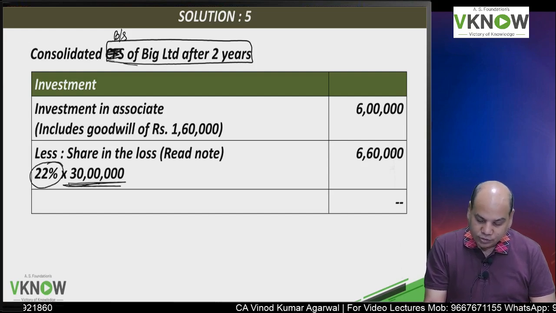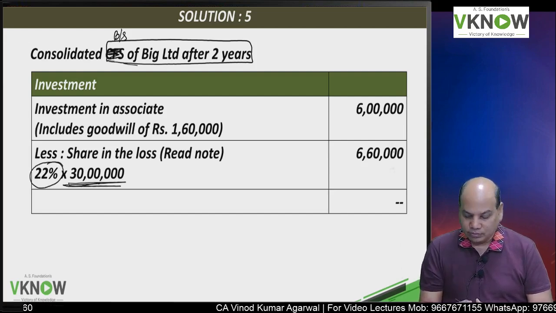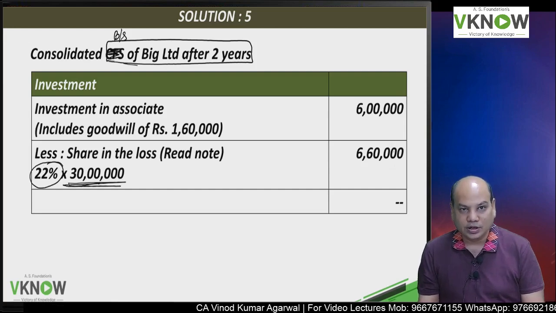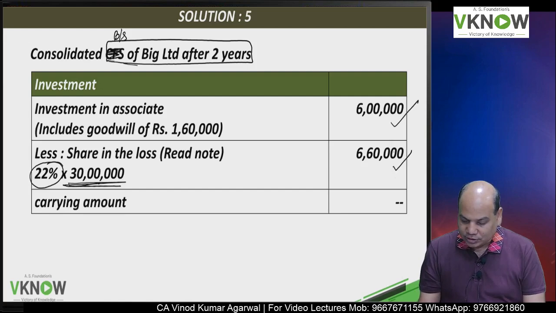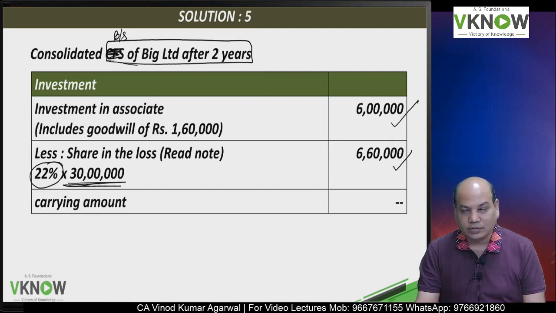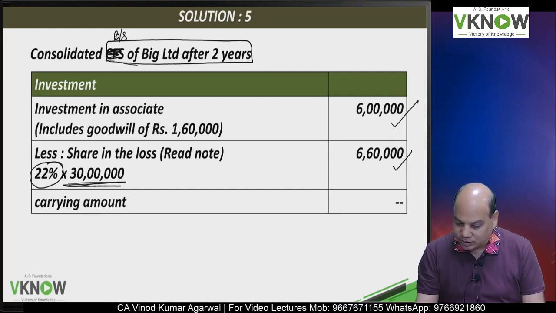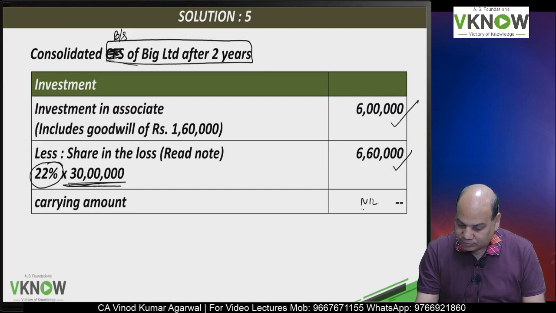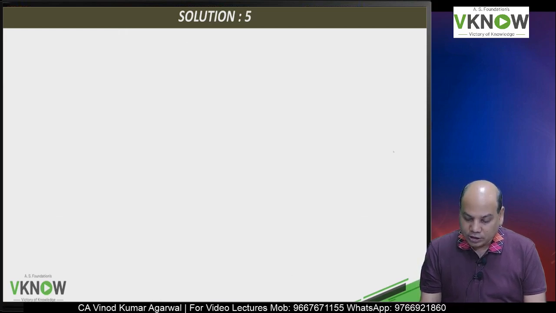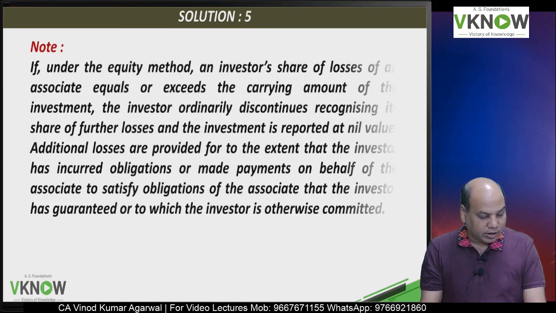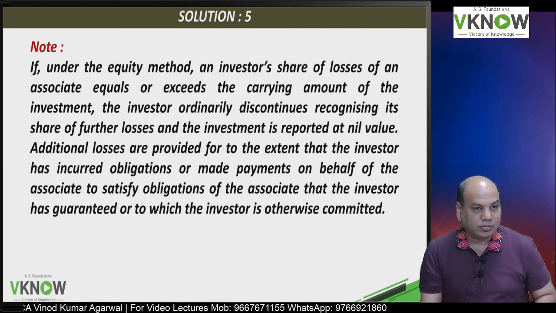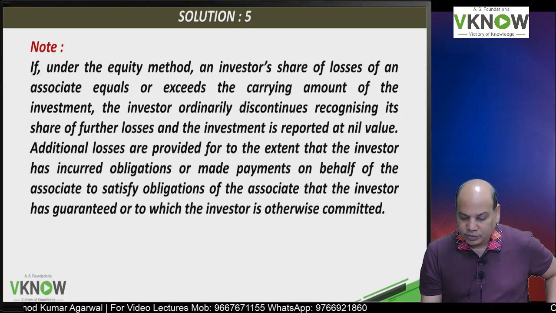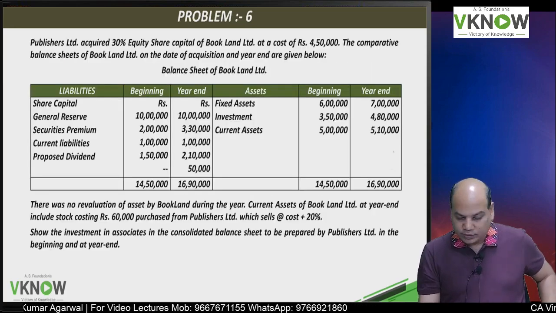And we have 22% stake, therefore it is 6,60,000. 6 lakh minus 6,60,000 is negative, but I will not take a negative number. I will write nil here and I will write a note which is already printed in the book. Same note, copy from question number 5.